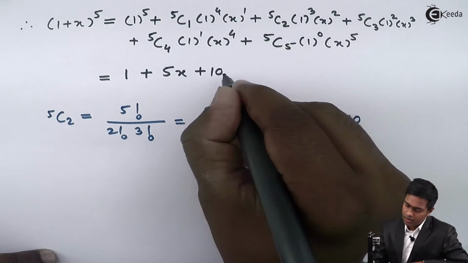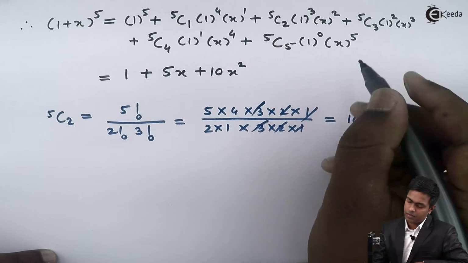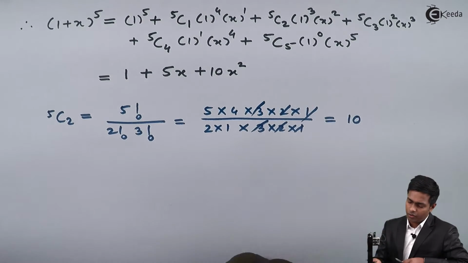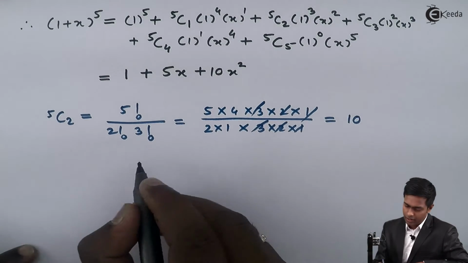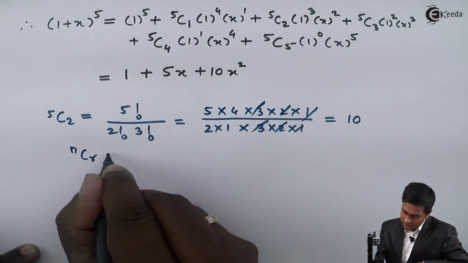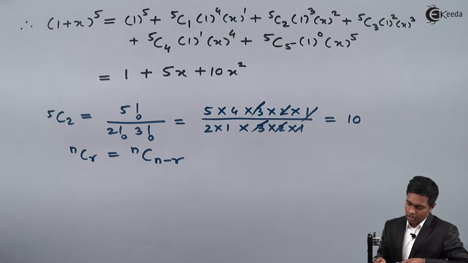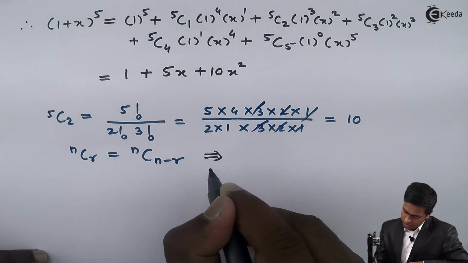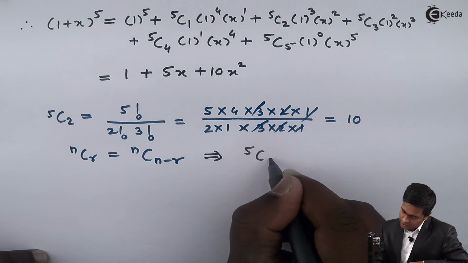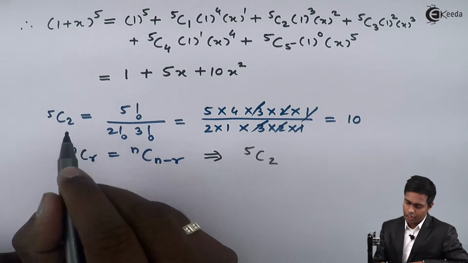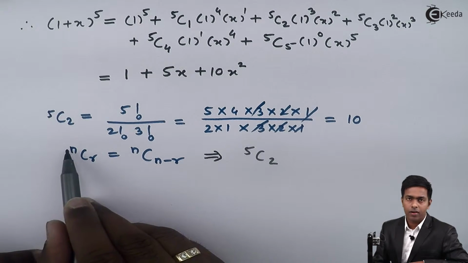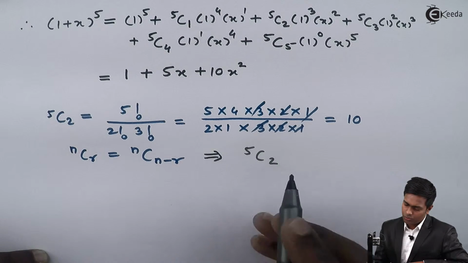1 cube is 1, then x square, 5c3. Now to find out 5c3, I will use one more property, and that property is ncr is equal to nc n minus r. Now see here, we got the value for 5c2 here, so it means n is 5 and r is 2.